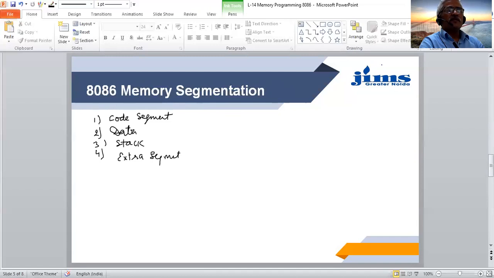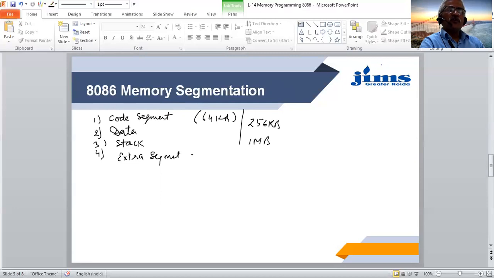That means, though there are 4 segments, at the most, at any time we can have 4 segments. But logically, there can be more than 4 segments. Because if we assume that each segment is 64 kilobytes, then with only 4 segments we could have achieved only 256 kilobytes of memory. But the addressable memory is 1 megabyte.